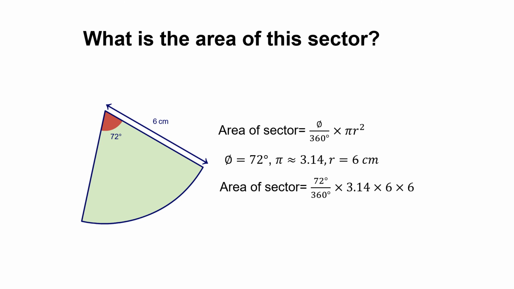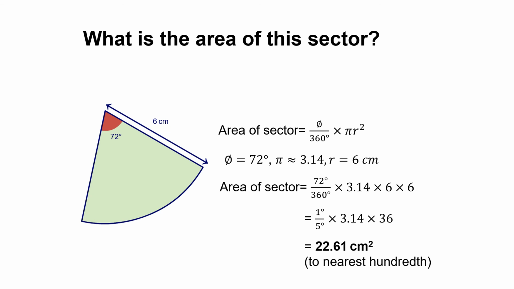Substituting these values in our formula gives us 72 degrees divided by 360 degrees multiplied by 3.14 multiplied by 6 multiplied by 6, which when simplified gives us 1 degree divided by 5 degrees multiplied by 3.14 multiplied by 36. When we plug these values in our calculator, we arrive at 22.61 square centimeters, correct to the nearest hundredths.